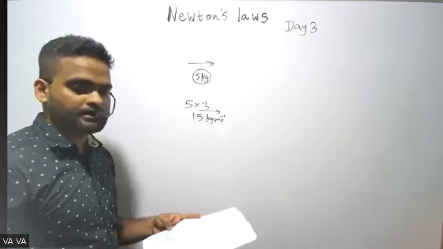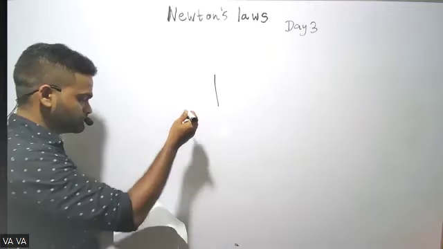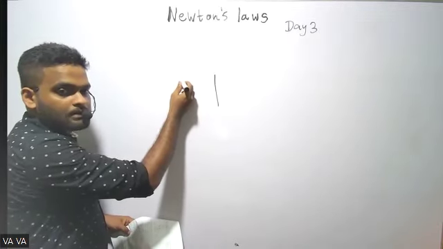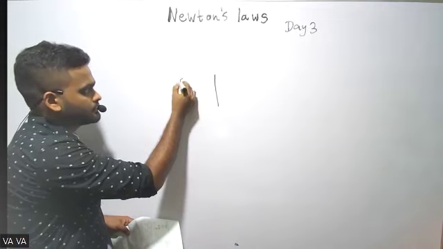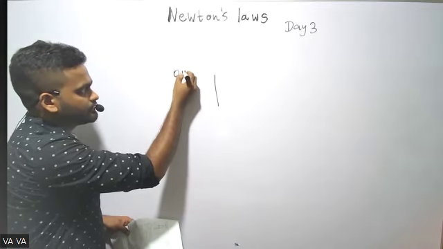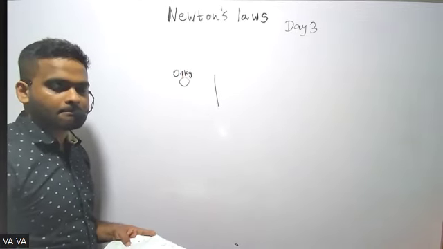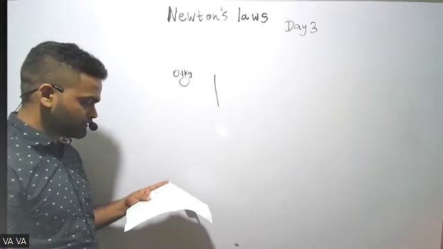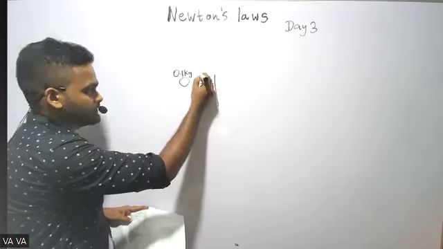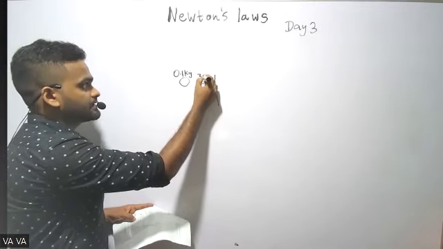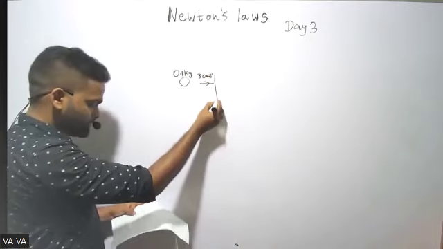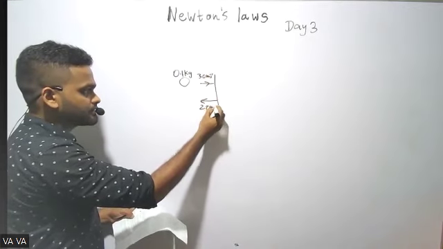Then try second one. Second question. So 100 gram of ball means mass is 0.1 kilogram. Mass is 0.1 kilogram. Hits the wall at 30 meters per second, then bounces back at 20 meters per second.